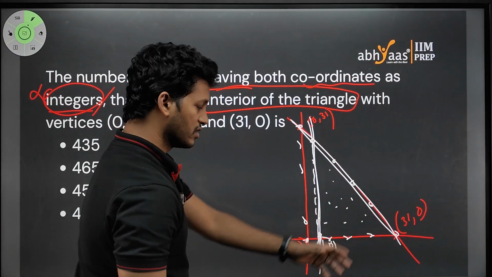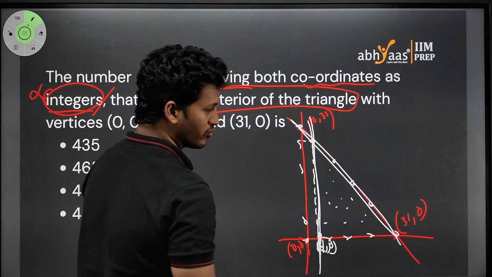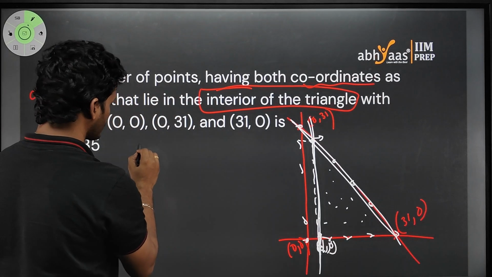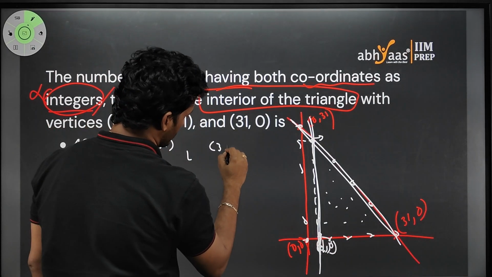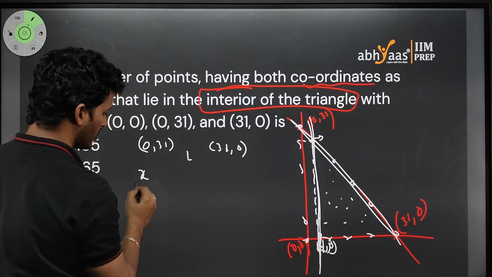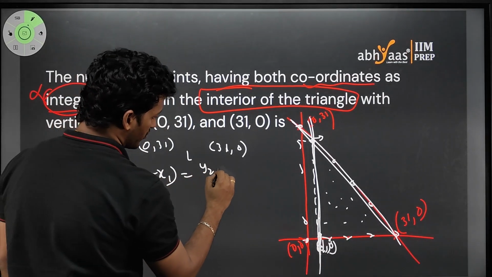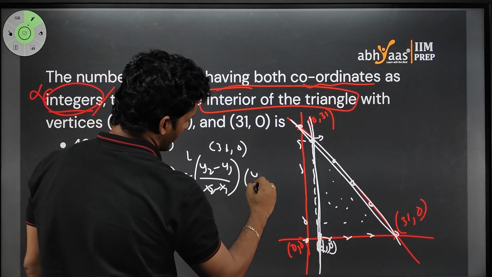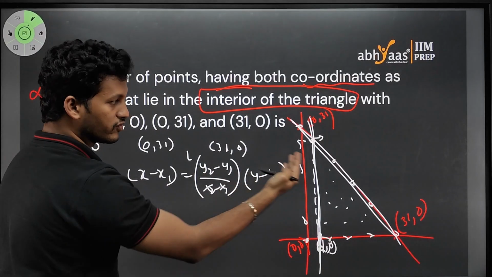You can find the line equation, and I can say what the exact coordinate point is here. So let us say (0, 31) and (31, 0). What is the exact equation? (x minus x1) is equal to (x2 minus x1) by (y2 minus y1) into (y minus y1). That would be the equation of the two-point form.